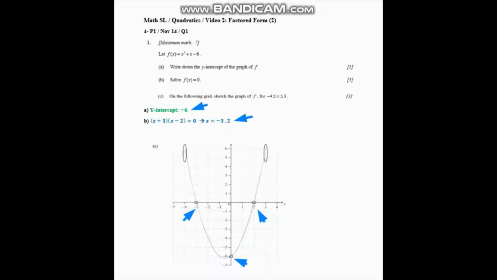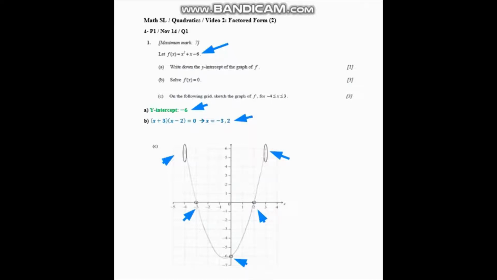And of course, the shape of the graph is a concave up parabola based on this equation right there. It's a positive parabola, so it's a parabola that is looking upwards, sort of like a U shape. And they also like you to circle the endpoints of your graph in ovals. So this is something you should also do.